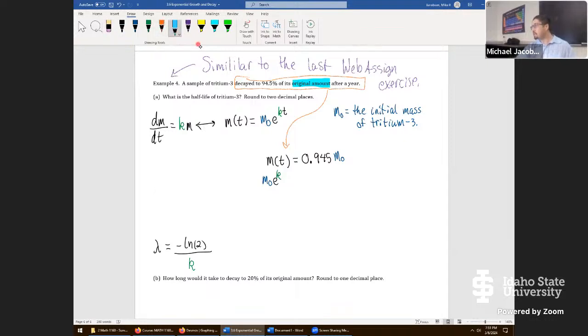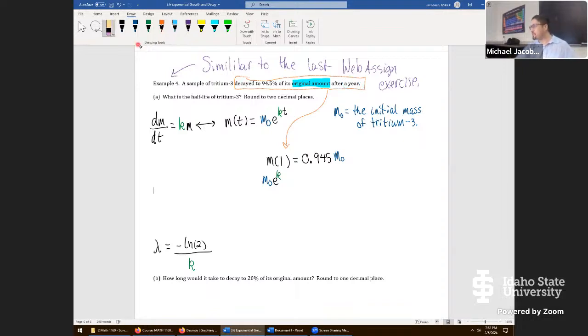This said after a year, so that's also a function value that we're throwing in. We should have put right in this position a 1. That was something I missed. Again, that was a really, really loaded statement. There's 3 things going on there: the percentage, the original amount, and the fact this happens at time t equals 1.